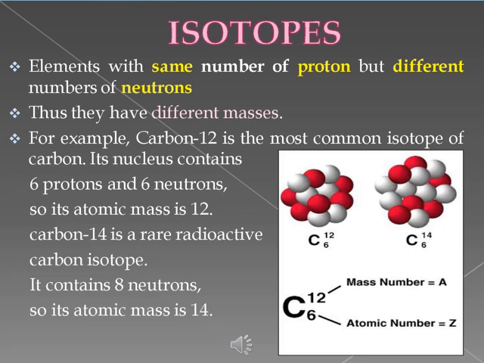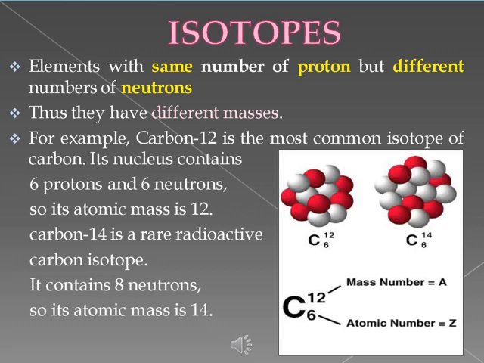Carbon-12 is the most common isotope of carbon, which has proton number 6 and 12 as the value of atomic mass. When you have your mass number and atomic number, you can find your neutron number, which is 6.